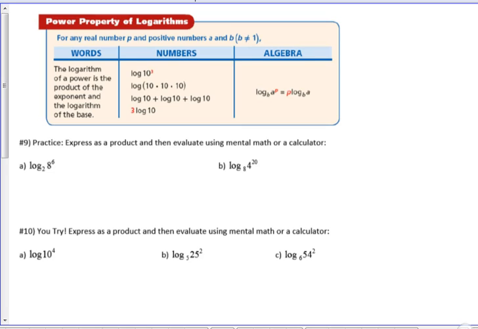So if I have 3 of the exact same thing, I can do 3 times log 10. Okay? Essentially what happens is I get to take my exponent and move it to the front. So log of 10 raised to the power of 3, I can bring the 3 in front and have it 3 times log of 10.